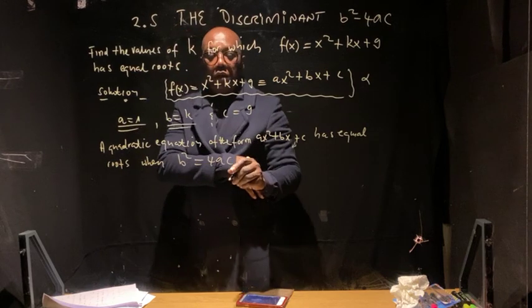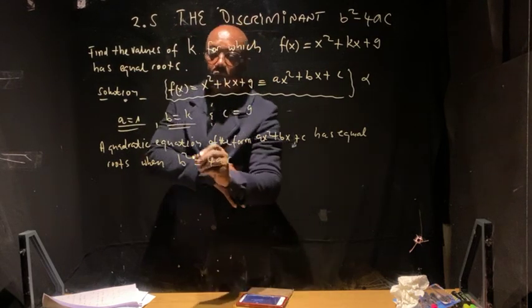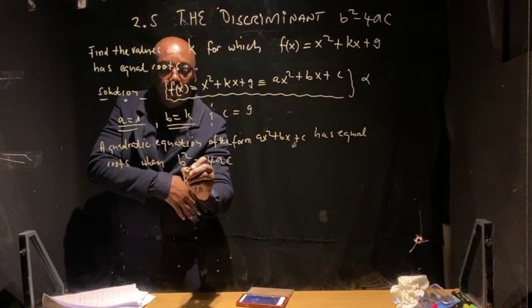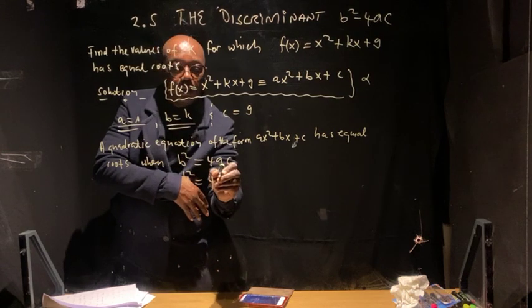Now, what is b squared? What is b? b is k, so k squared equal 4. What is a? a is 1.